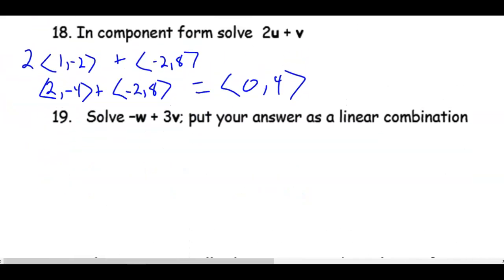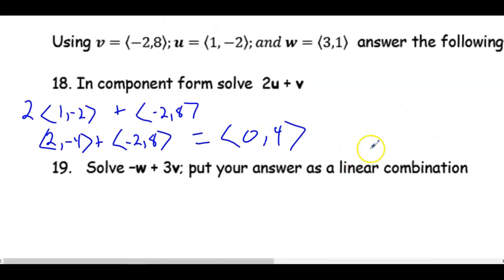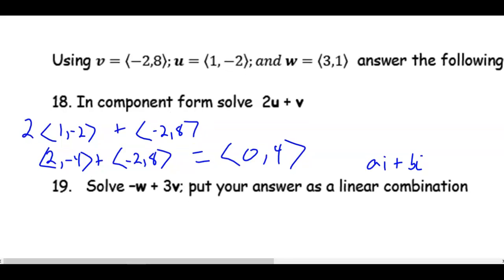Alright, solve -w plus 3v and put your answers in linear combination. So linear combination would be ai plus bj. Let's see here. So -3, 1 plus 3 times v.